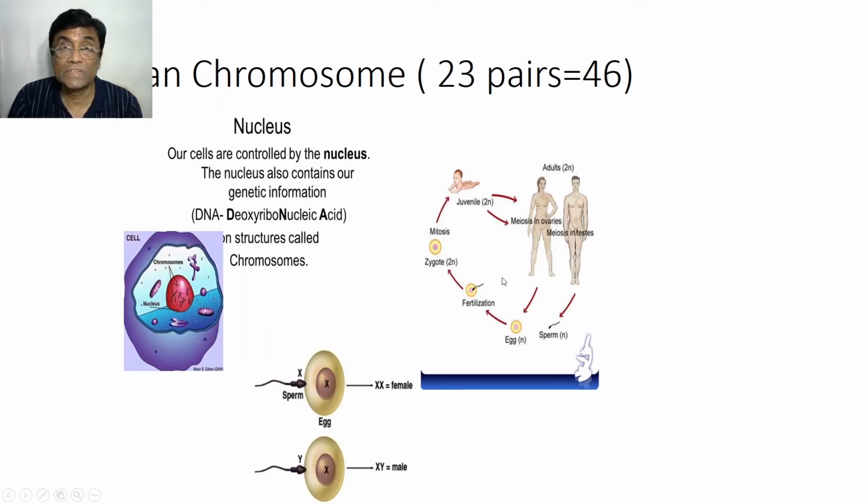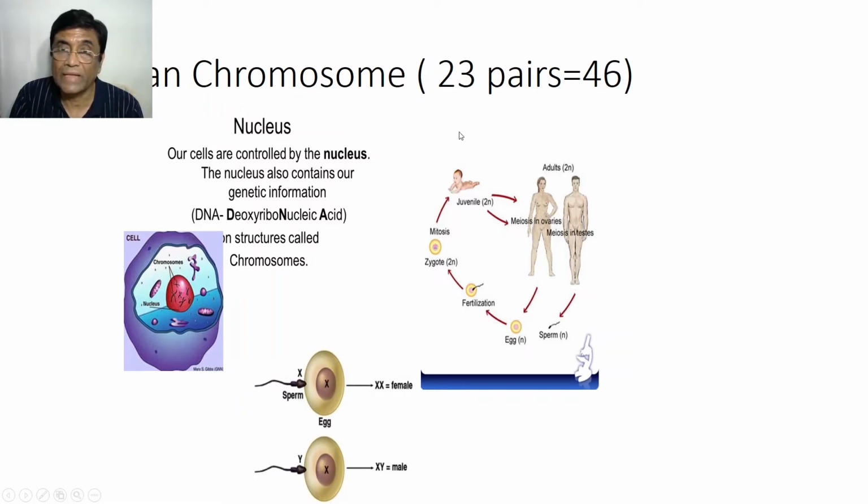In meiosis, there are certain stages where the tearing of the chromosome takes place. They need to be halved, right? So if an adult has 2n equal to 46, then our egg and sperm have to have half of the chromosomes, so that when they meet, fertilization will take place, and a zygote will be formed, and mitosis will give birth to a juvenile, right?